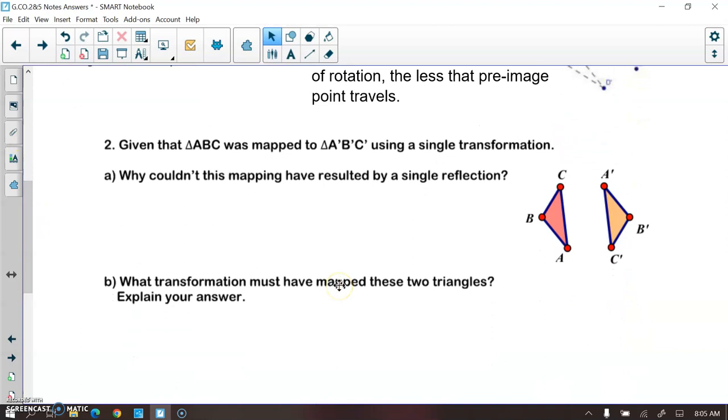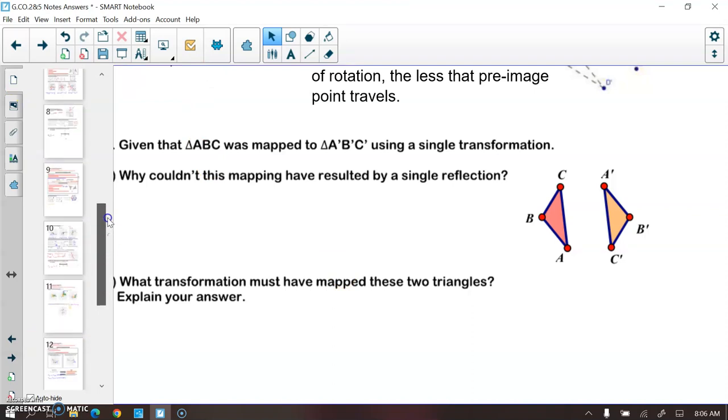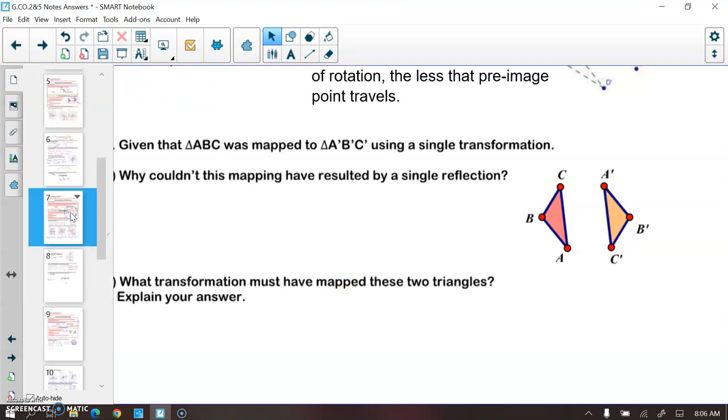So we are given triangle ABC, and it's mapped to triangle A prime, B prime, C prime, using just a single transformation. And it says, why couldn't this mapping have resulted by a single reflection? And so we need to look at the reflection properties, or review them at least.